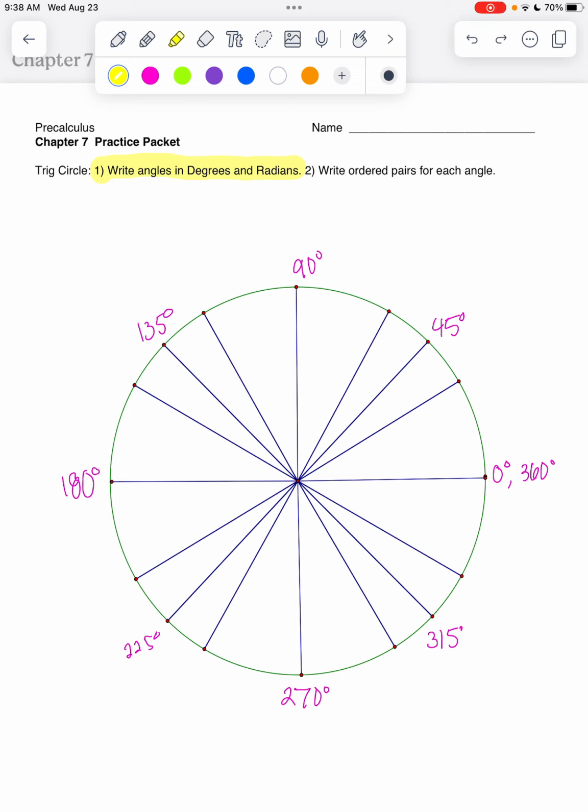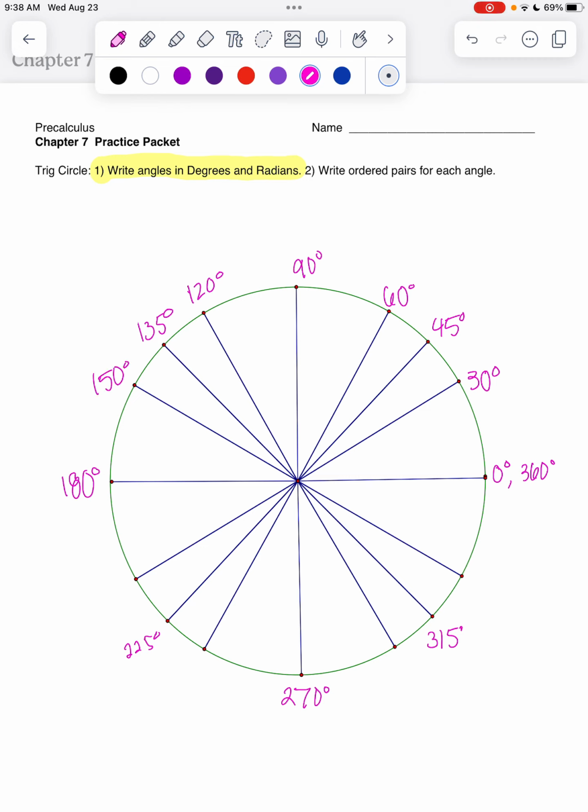Okay, let's go to the 30 degrees. So I'm gonna say right here, we got our 30 degrees right there. What do we think this next angle would be? That would be our 60-degree angle, okay. Up here we have 120 degrees. We got 150 degrees.